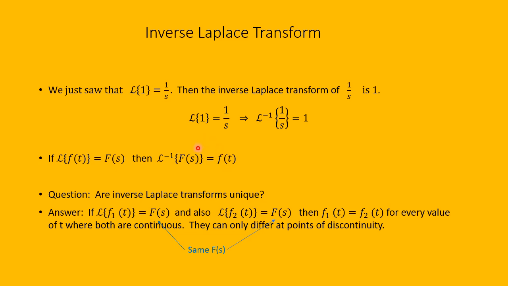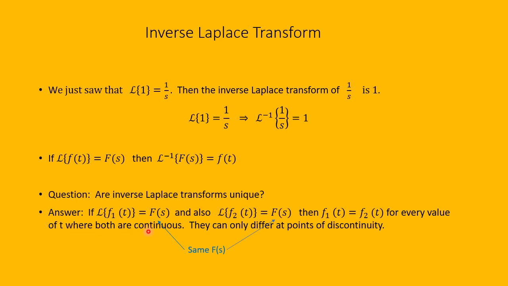So one question that we would have to ask is, are inverse Laplace transforms unique? And they are almost. If the Laplace transform of f1 of t is capital F of s, and also the Laplace transform of f sub 2 of t is the same capital F of s, then those functions lowercase f1 and lowercase f2 have to be equal for every value of t where both are continuous.